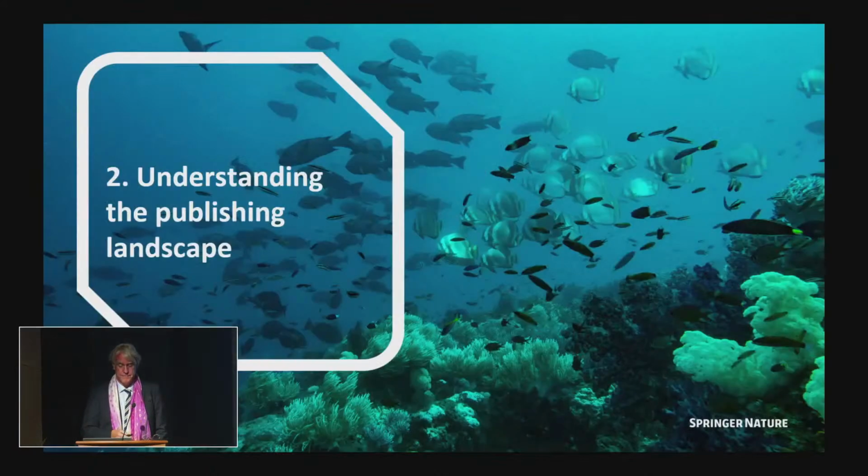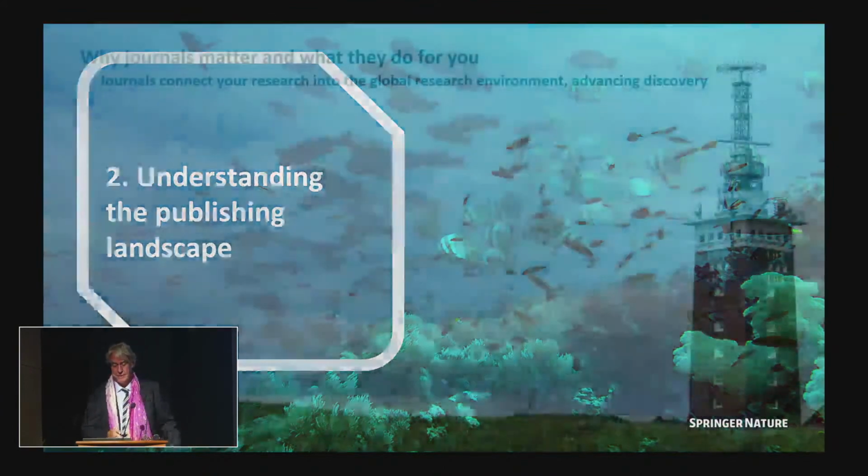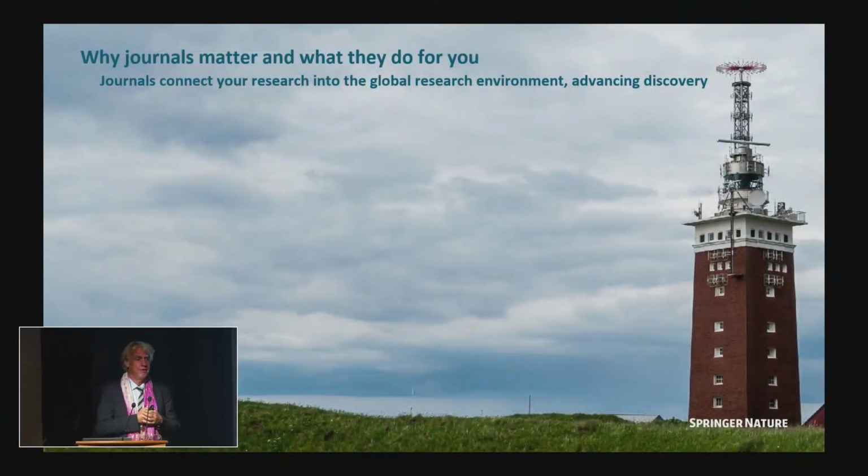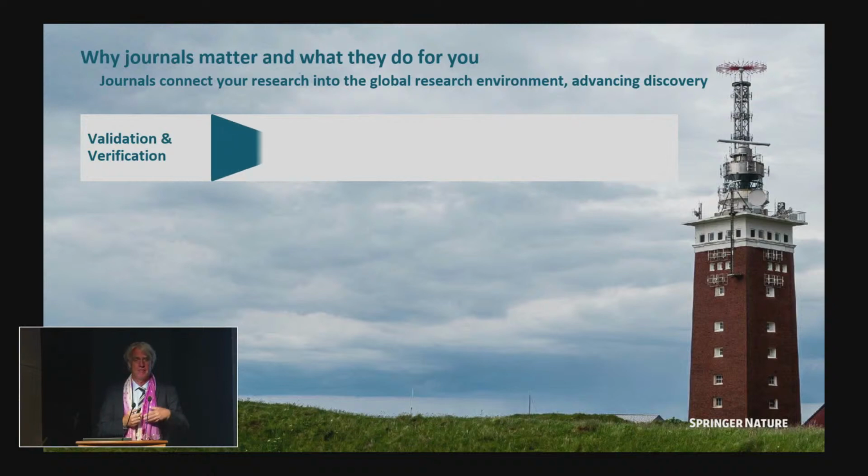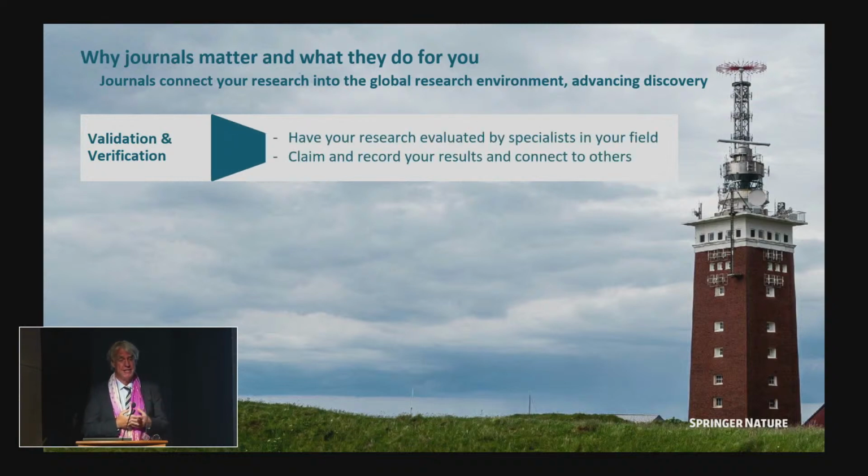So let's start to understand the publishing landscape around us just a little bit. First of all, why do journals matter and what do they do for us? I think this is something we keep coming back to. If you have a journal, the first thing we do is validate and verify, because you send us an article, we check that this research has been done, that it is properly done, and we record it.